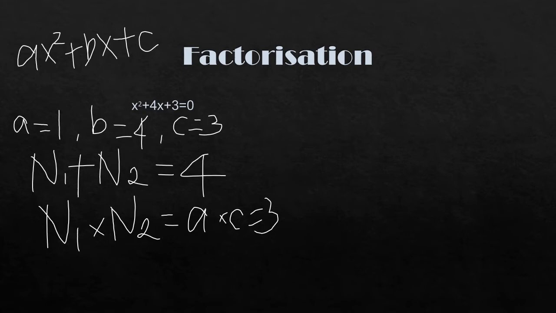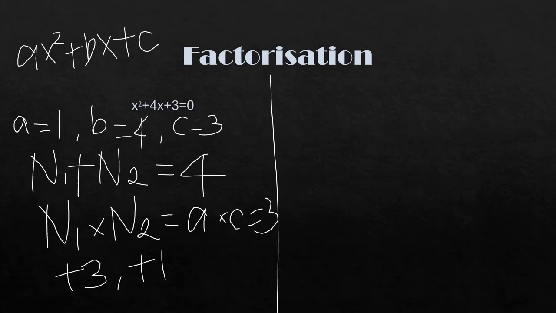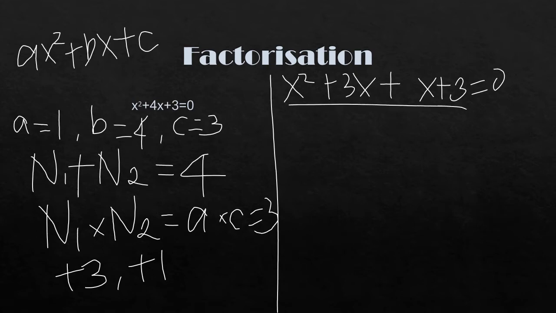Yes, correct. It is positive 3 and positive 1. And now we rewrite the equation as x squared plus 3x plus x plus 3 equals 0. Next, we divide this equation into two groups, x squared plus 3x plus x plus 3.